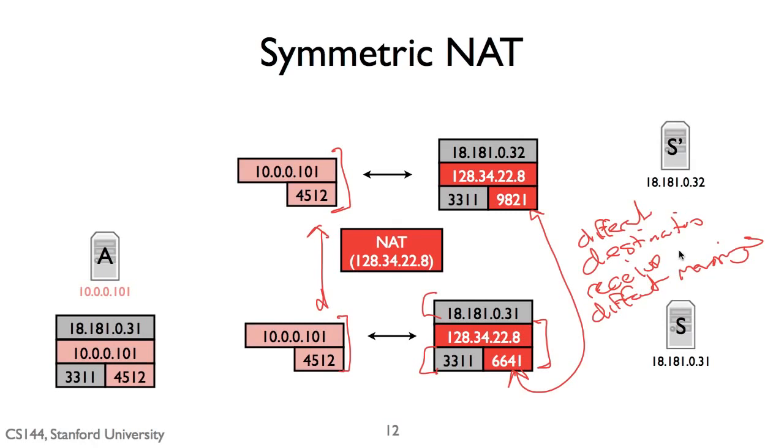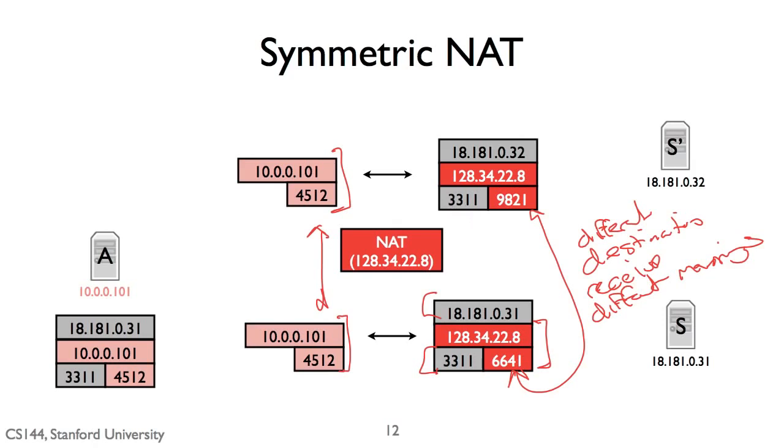And so what the system would do is it would tell the client, oh, okay, hey, you've been talking to server 18.181.0.31. You should start talking to server S prime at 18.181.0.32 on this port, even the same port, doesn't matter. Like here, say port 3311, and both of them you want to talk port 3311.